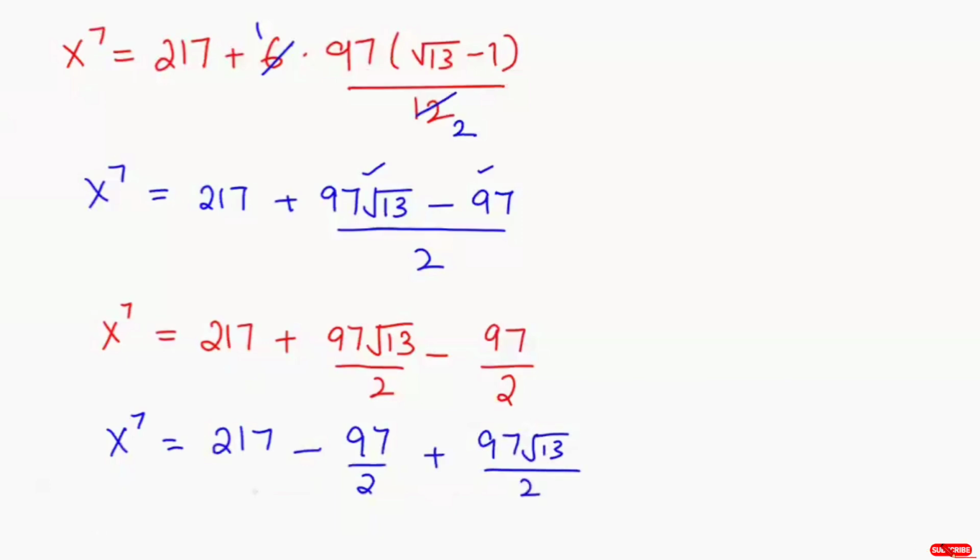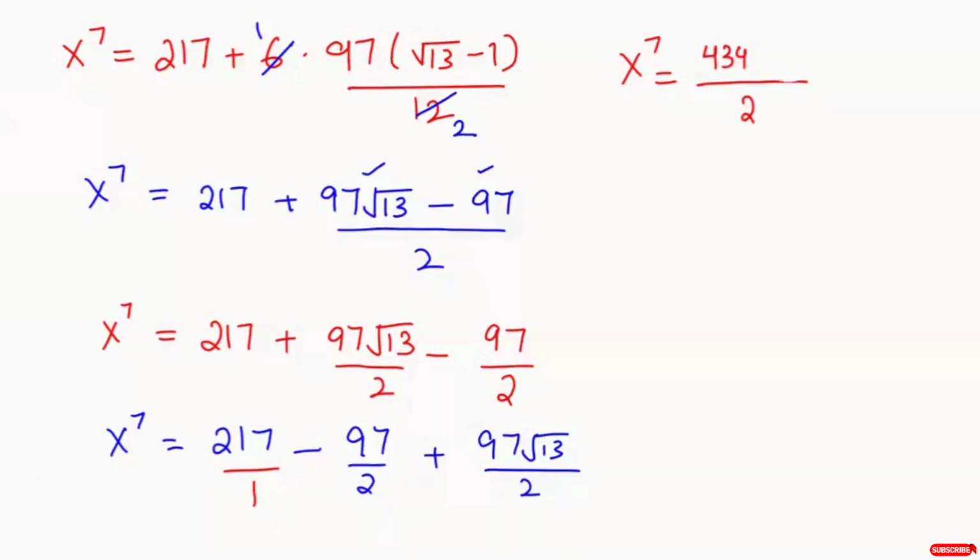Now I'm going to take LCM. So this will turn to x to the power of 7 is equals to LCM we have 2, and 2 times 217 is equals to 434.